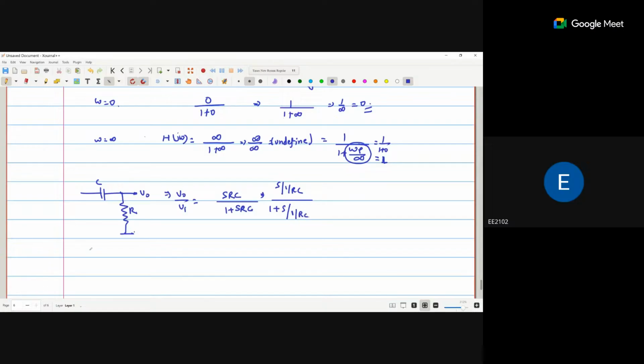And 1 upon RC is what? Omega P. So you have S upon omega P upon 1 plus S upon omega P.